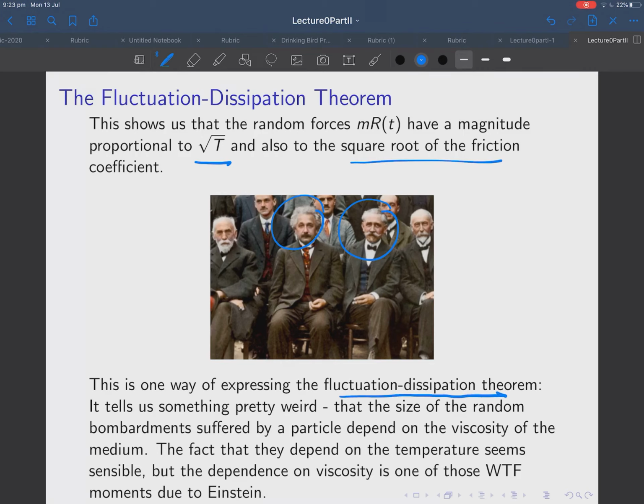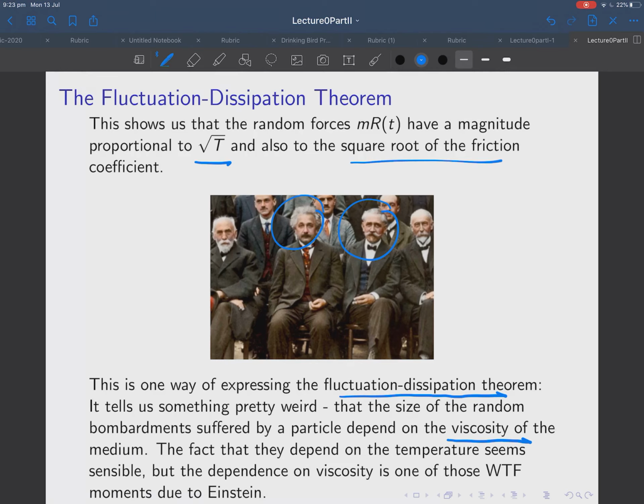It tells us something pretty weird, that the size of the random bombardment suffered by a particle depends on the viscosity of the medium. So how viscous the medium is gives you a handle on how big the kicks are from all the other particles.